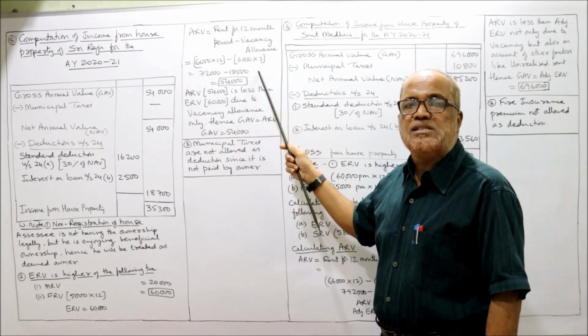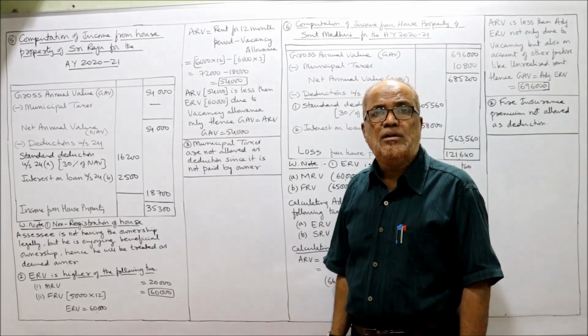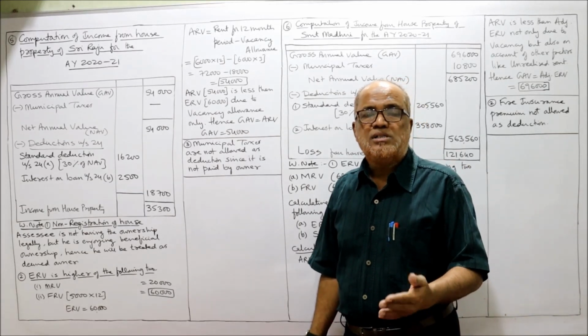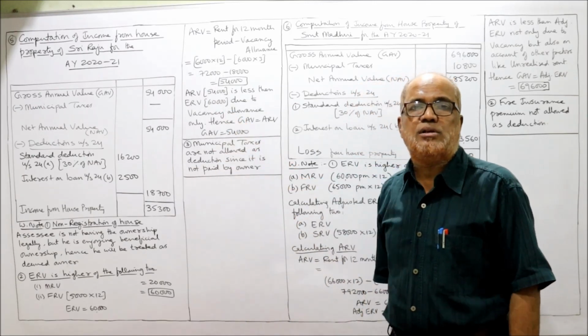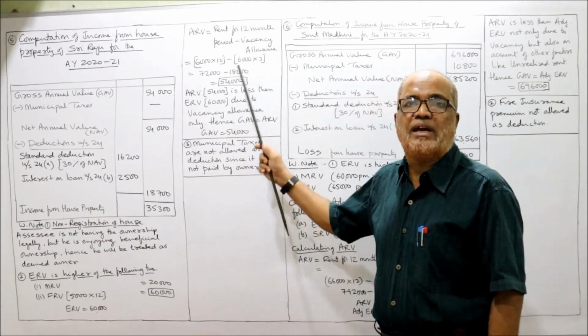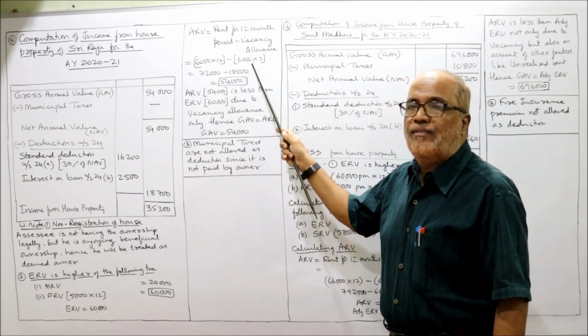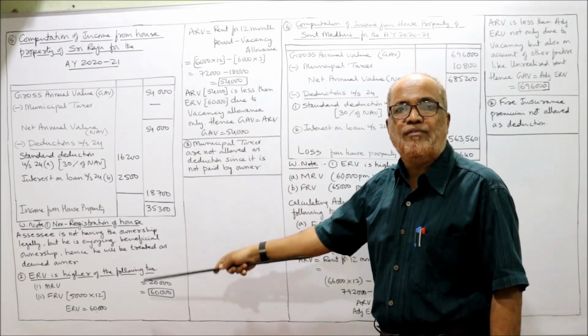Why did we get 54,000? Because of vacancy allowance. If there is no vacancy allowance, the ARV would have been 72,000, which is more than ERV. We would have taken 72,000. But ARV is less because of vacancy allowance. How much is it? 54,000.